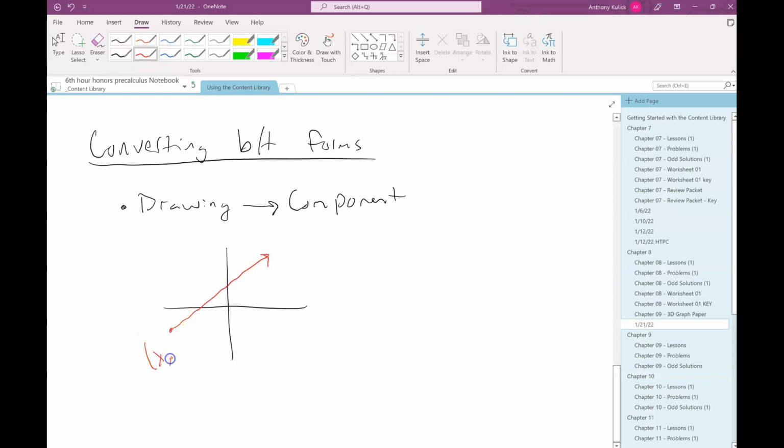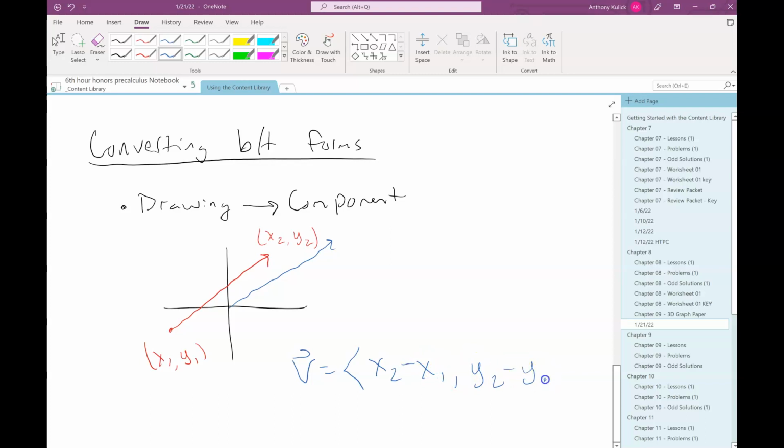So in the drawing we have the coordinates for the head and the tail. Even if you're just given the drawing, you could read the points for the head and the tail off of the picture, right? To get this to component form, what I want to do is pick this up and translate it so that the tail is now at the origin, right? That's all we're doing.